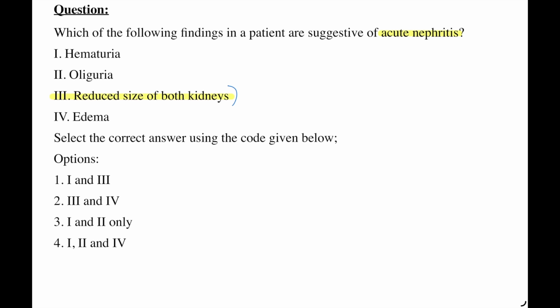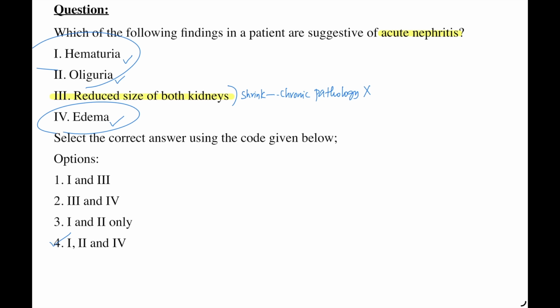For the kidneys to shrink, you need chronic pathology, so definitely you can rule out this option. If this option is ruled out, you're left with hematuria. Yes, any kidney inflammation can cause hematuria. Any kidney inflammation acutely can cause decreased renal output, and the kidneys swell during acute nephritis. So these three can be possible options: 1, 2, and 4. Right?